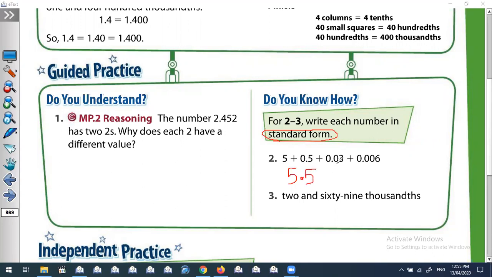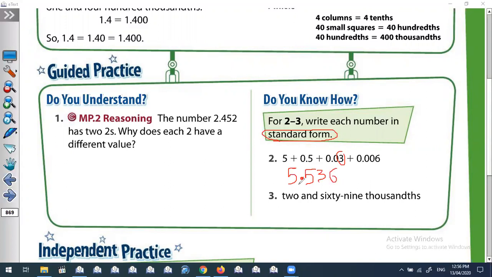Here we have 2 digits in the decimal, 0 and 3. 2 digits in the decimal means hundredth. So 3 will be in the hundredth. After that, we have 3 digits in the decimal, which means thousandth. So you have to write 6 in the thousandth.